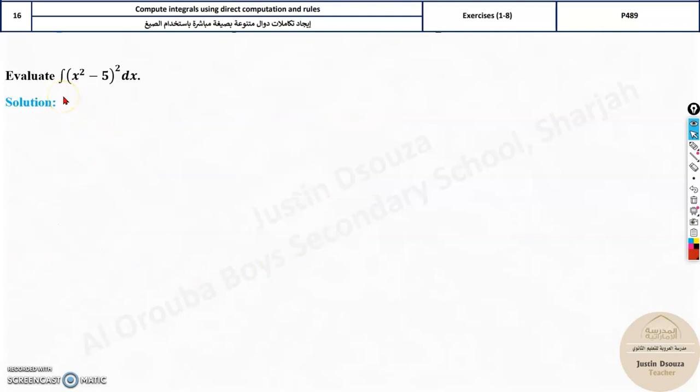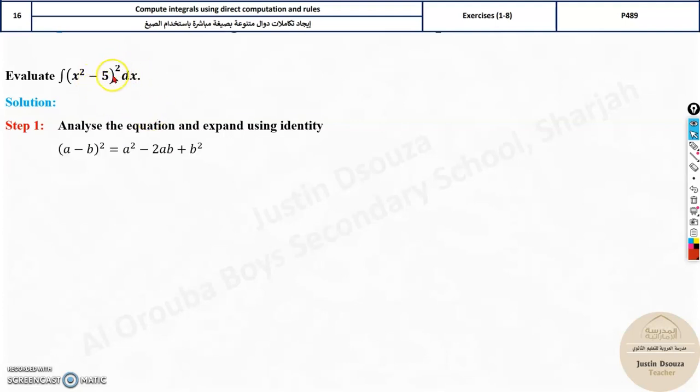Over here, we have to integrate x squared minus 5 the whole squared dx. The actual method would be to solve this identity first. This is in terms of a minus b the whole squared, that is equal to a squared minus 2ab plus b squared. So use this identity and solve. But here instead of a we have x squared and instead of b we have 5.